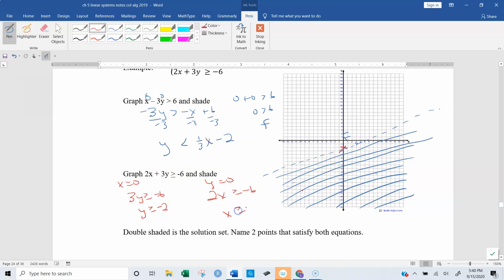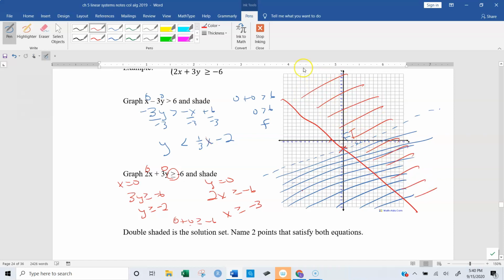So x is greater than or equal to -3. So let's go to -3 and put our dot. It's a greater than or equal to this time, so this is a solid line. All right, like so. Okay, let's plug in 0, 0 to our original. Is 0 plus 0 greater than or equal to -6? The answer is yes, 0 is greater than -6. So this time, this side of the graph is true. So we're shading this way.